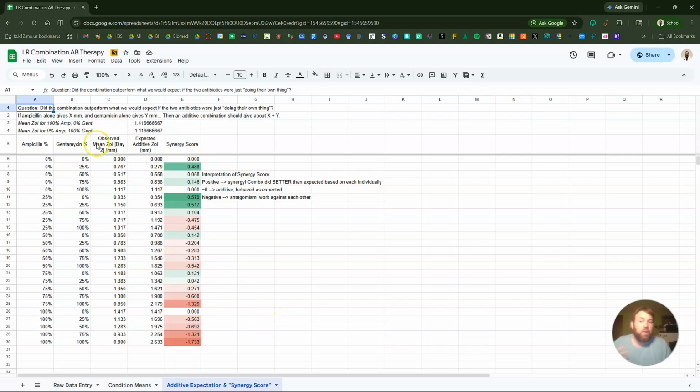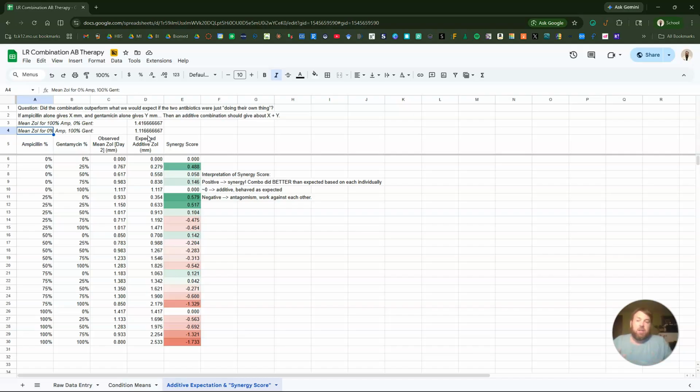We found what the zone of inhibition was for the 100% ampicillin treatment, that's 1.4166, and the 100% gentamicin with no ampicillin was 1.116. If you add those together, that should be about 2.566 or so.